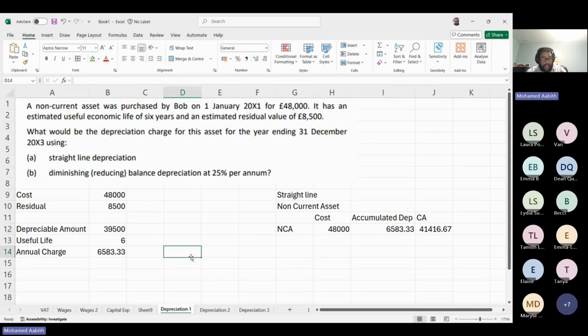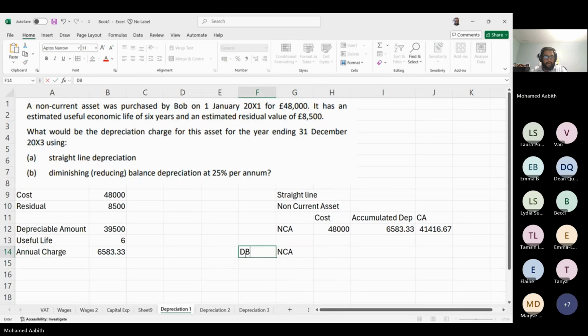So I'm going to do it the same way, but in this scenario, in the non-current assets in my statement of financial position. This one uses the diminishing balance. Okay, so this is going to be diminishing balance depreciation, DPR.